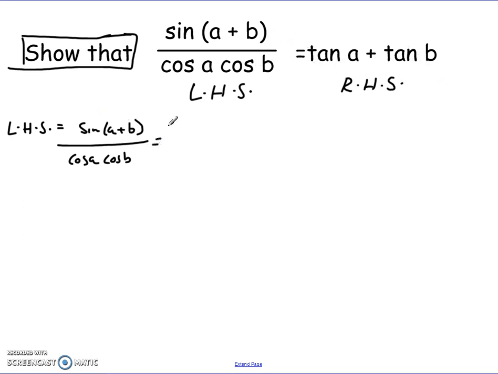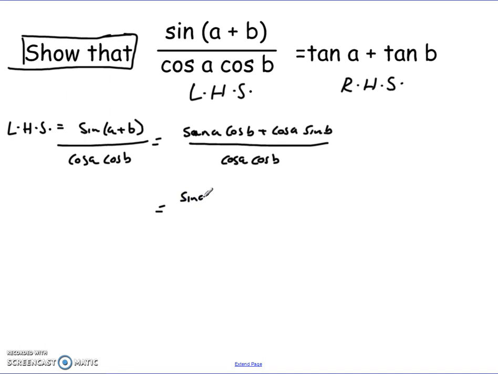Well, sine of a plus b, I'm going to use my expansion on that. I'm going to get sine A cos B plus cos A sine B, all over cos A cos B. At this point I know I've got two terms in there, so I want to split this off at the plus and put it into two separate fractions.